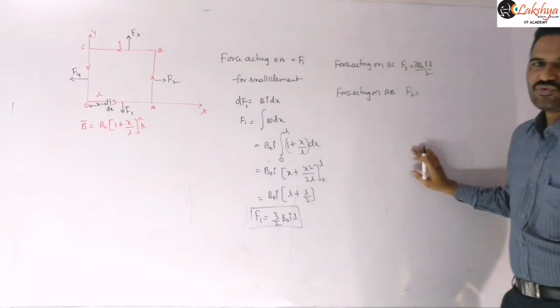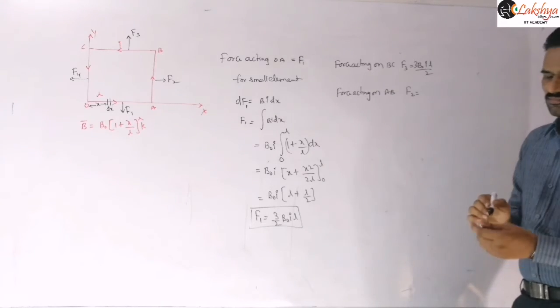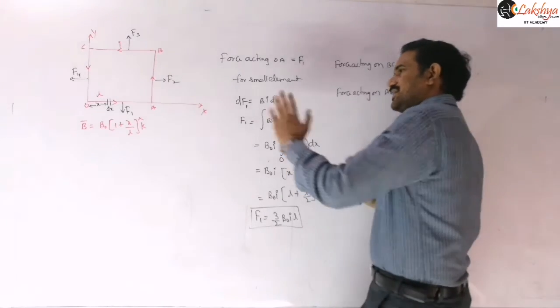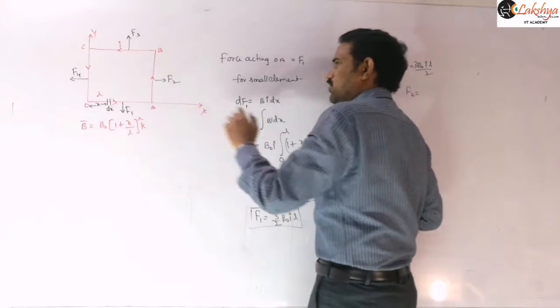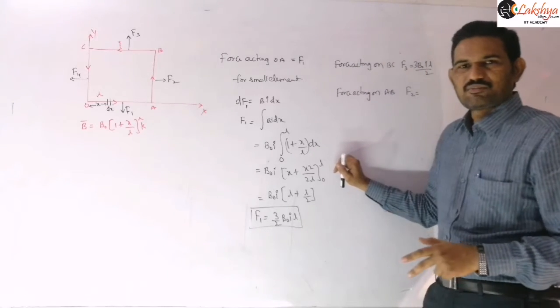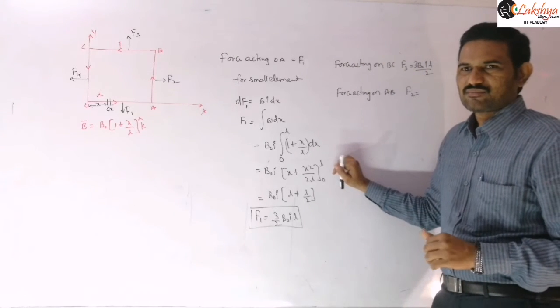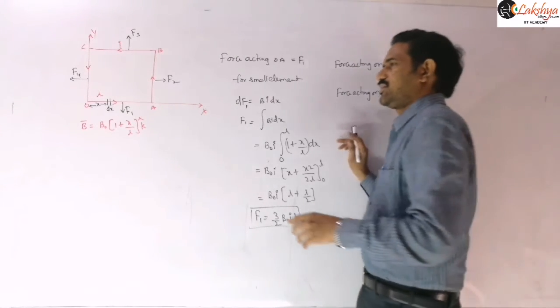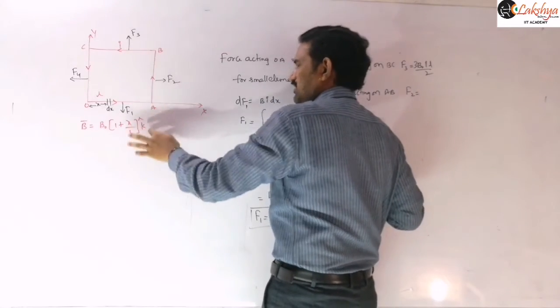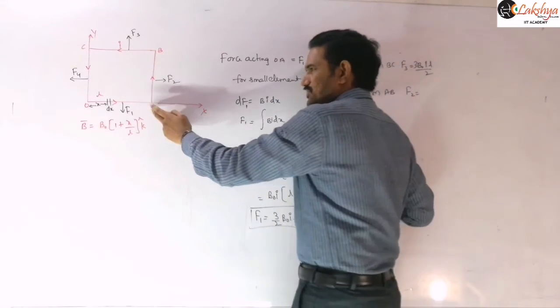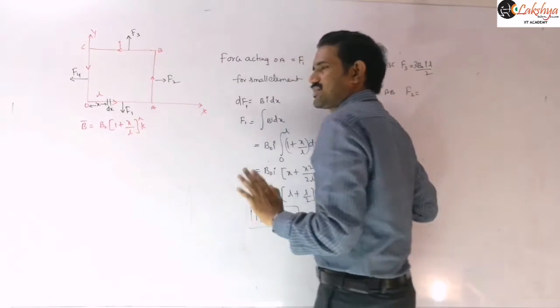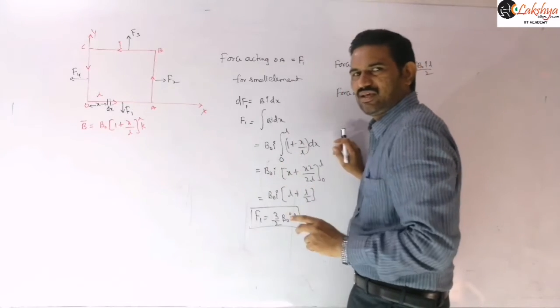Can you say the force acting, F2? First of all let us think, is the magnetic field variable or constant? For this AB, the x value is a constant value, x is equal to L, right?